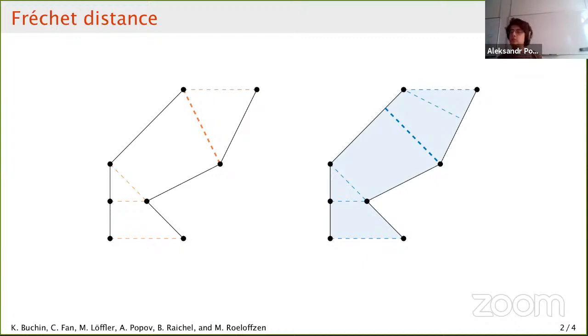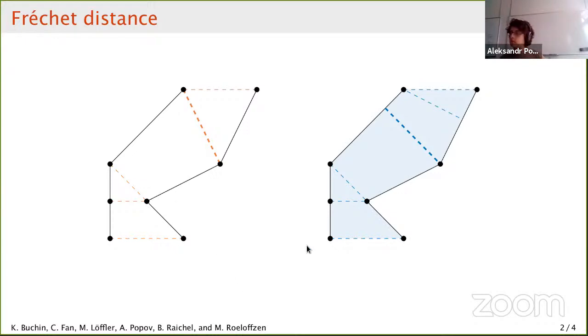And then the Fréchet distance is the shortest length of the leash that you would need to walk along the entire curves. So that's the example on the right. And then the discrete Fréchet distance is the version where you restrict your attention to the vertices of the curve. So you jump from vertex to vertex. That's the example on the left.